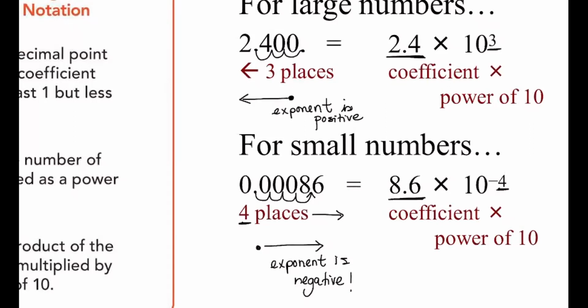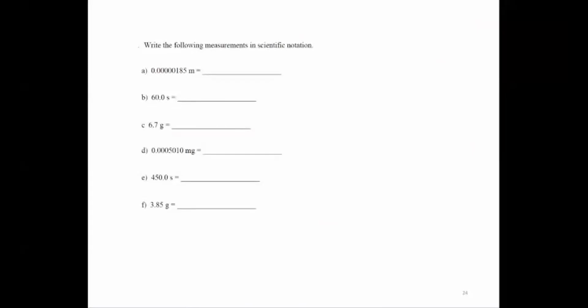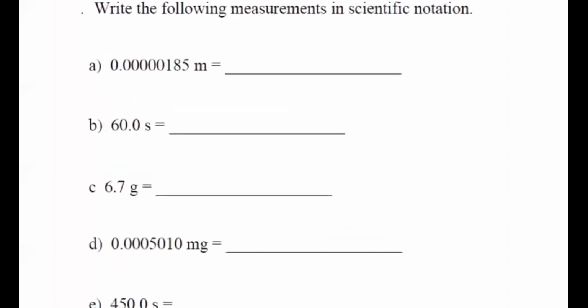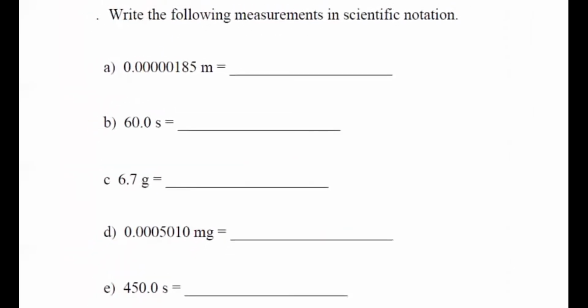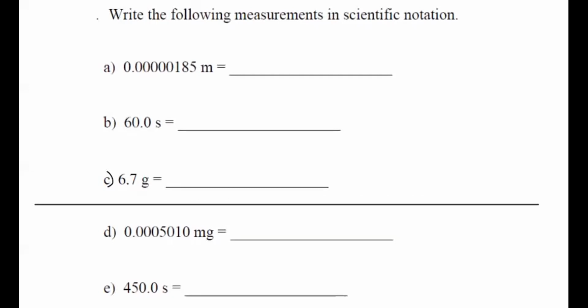Let's actually do some problems when it comes to changing things into scientific notation. We're going to do the first three. So take a moment as I go through it.